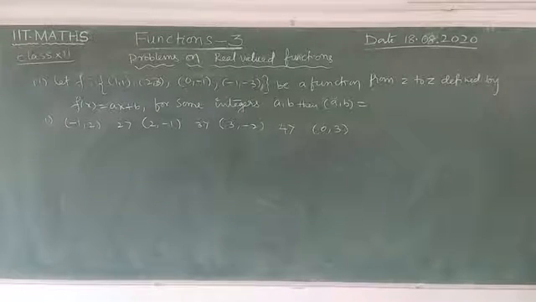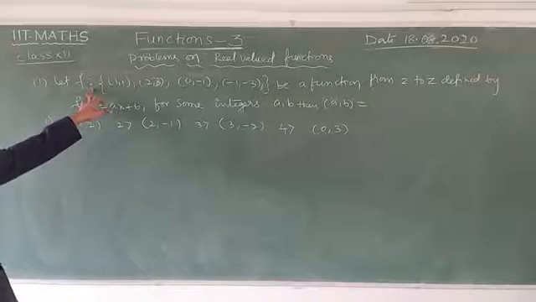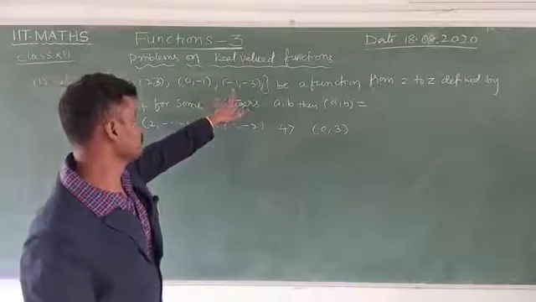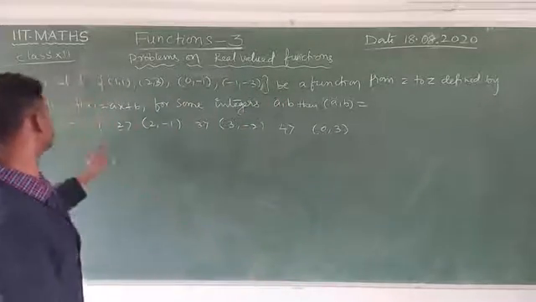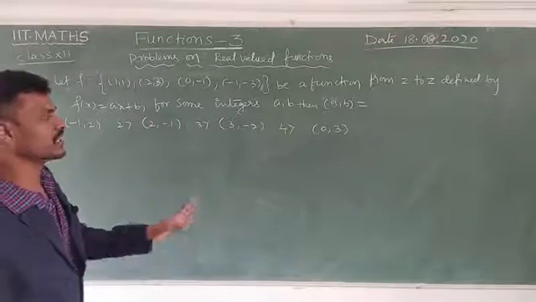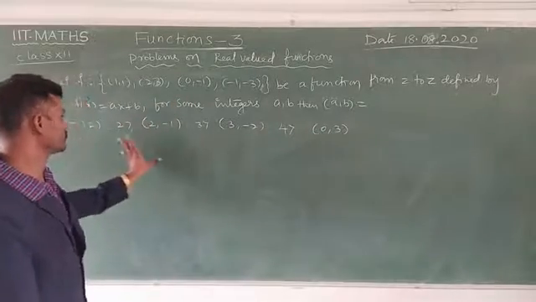Okay, this is the first problem on real valued functions. See here, let f be a mapping from the set of ordered pairs (1,1), (2,3), (0,-1), (-1,-3) be a function from Z to Z defined by f of x is equal to ax plus b for some integers a, b. Then the ordered pair (a, b) is equal to, as given in four options.